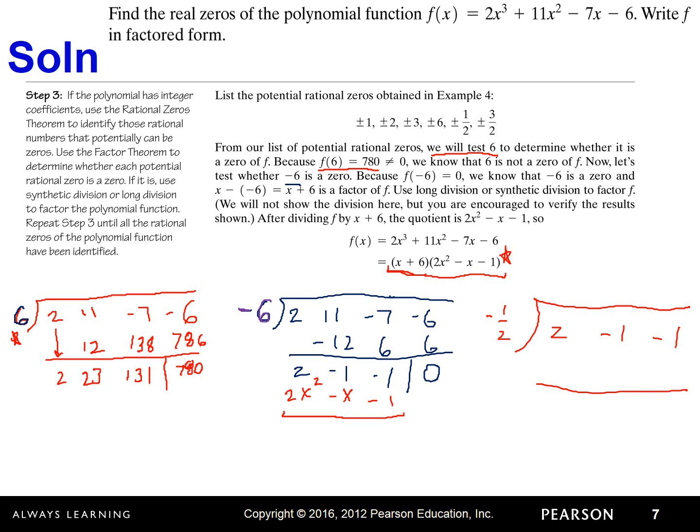And bring down the first thing, multiply and add, multiply and add, and we do get a 0 remainder. Sometimes we stack these synthetics on top of each other, right? We could have just used this 2, negative 1, negative 1 instead of rewriting it, but because of the space that I had, I rewrote it.